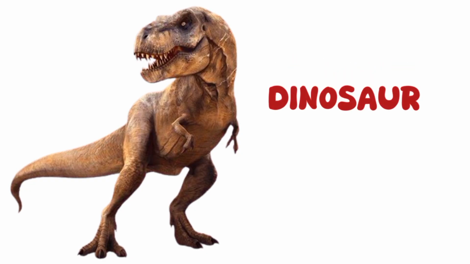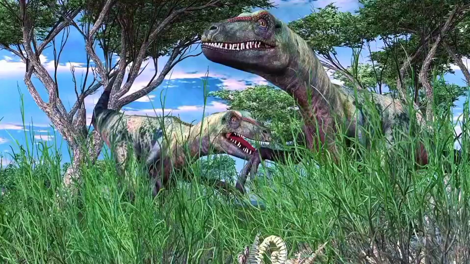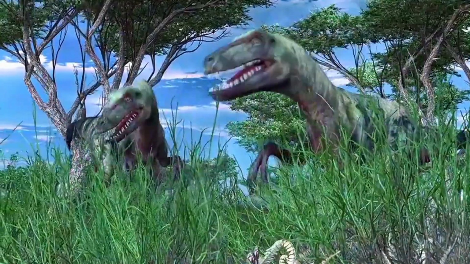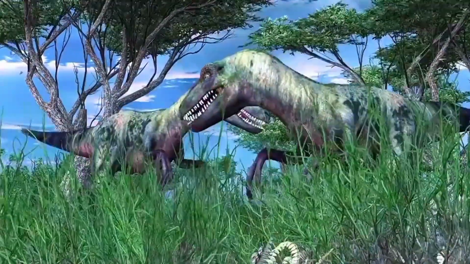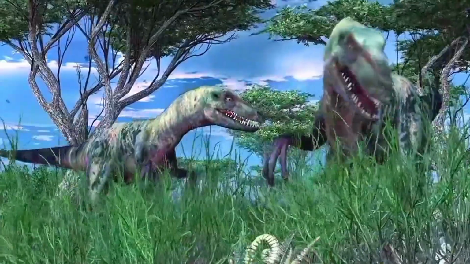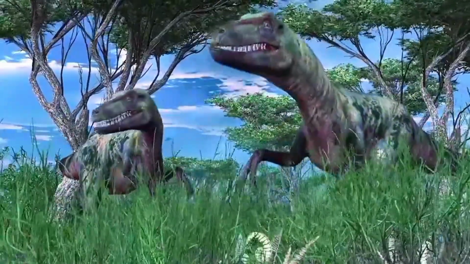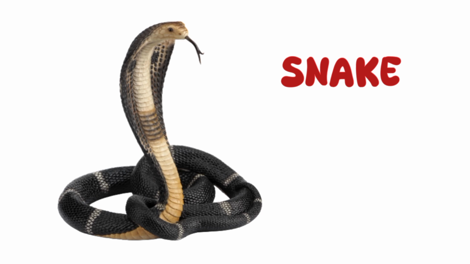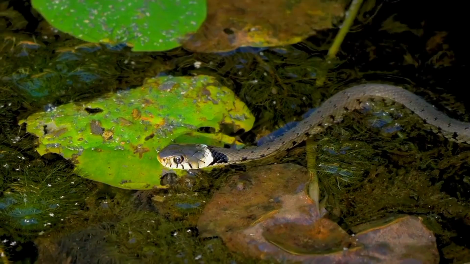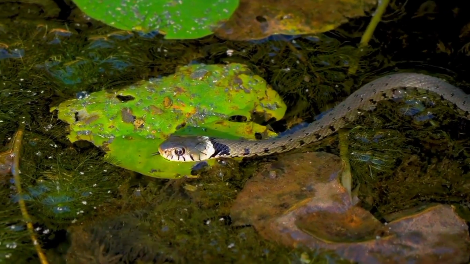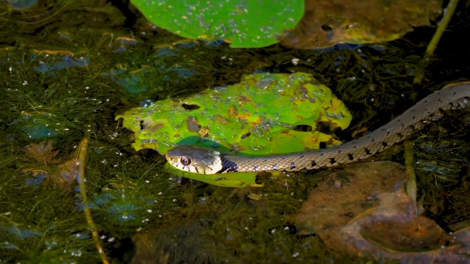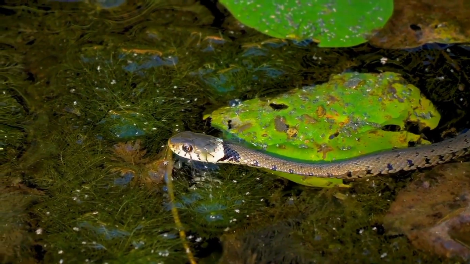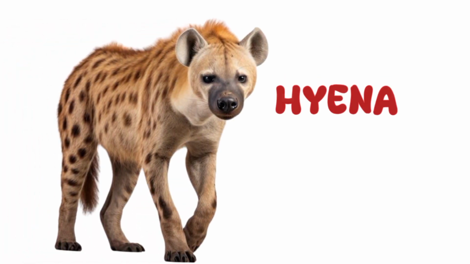This is dinosaur. These are dinosaurs. They are looking very dangerous. This is snake. The snake is lying on the leaf.